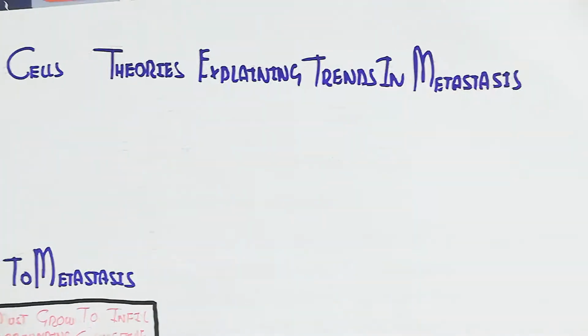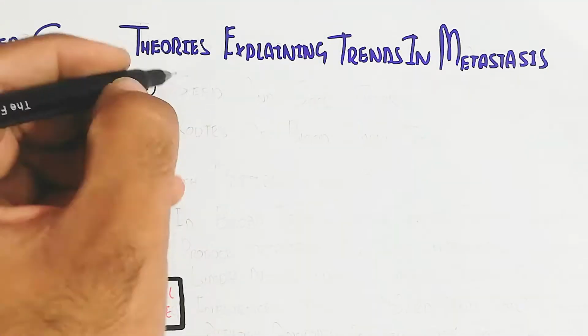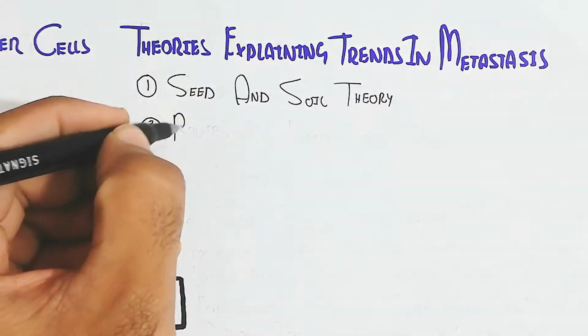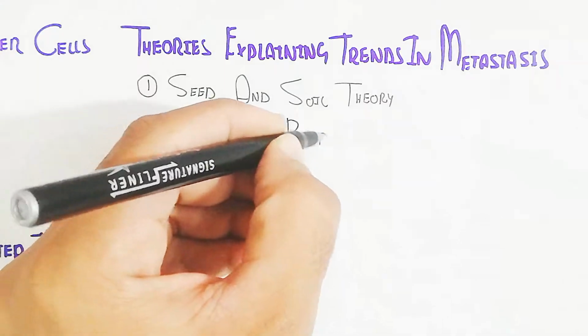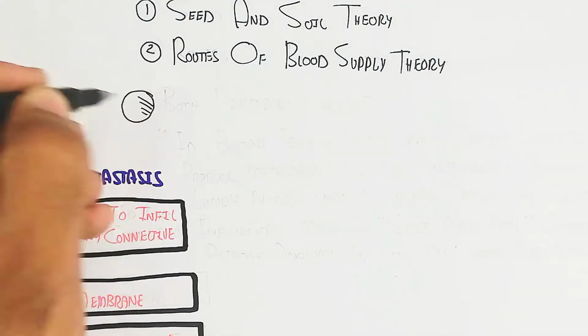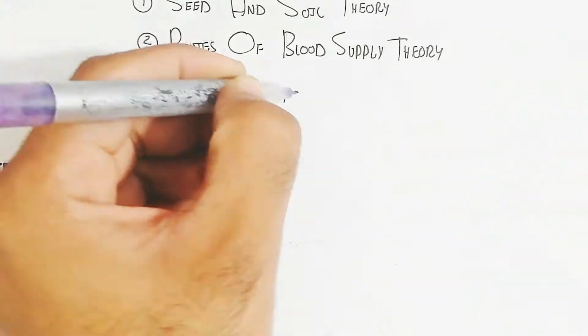So let's begin to understand the theories explaining trends in metastasis. Number one is the seed and soil theory, and number two is the routes of blood supply theory. Both are basically partially correct. Let's understand in broad terms.